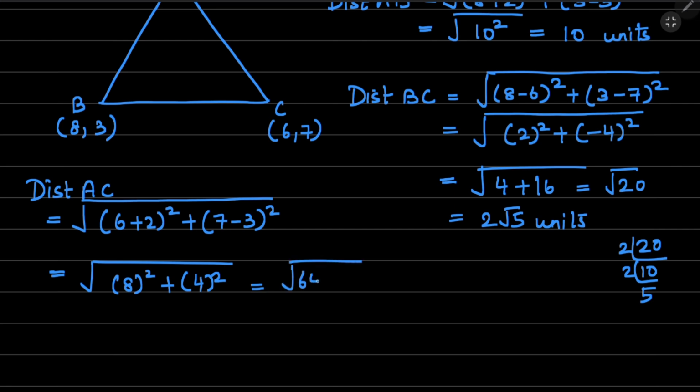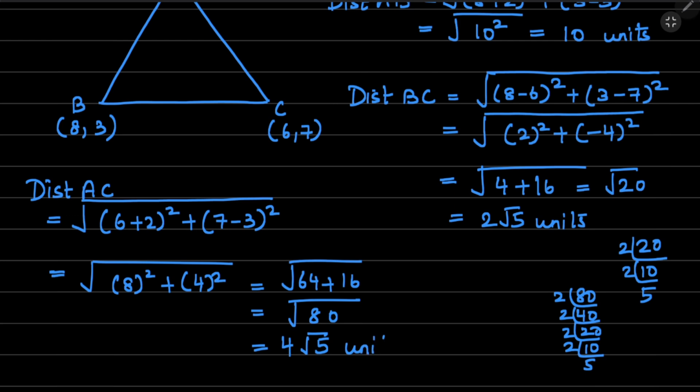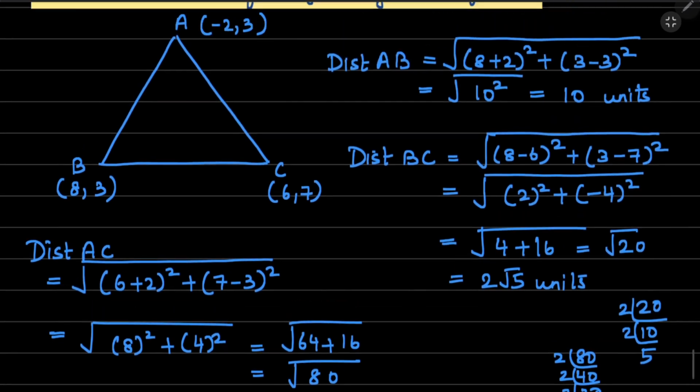So root of 64 plus 16, root of 80. Again, 80 gives 4 root 5. So 4 root 5 units is the distance I am getting between A and C.